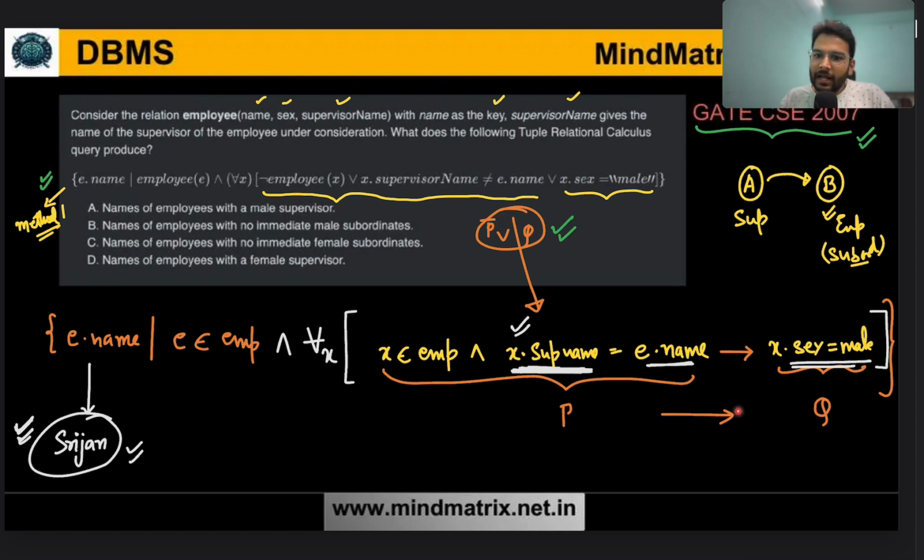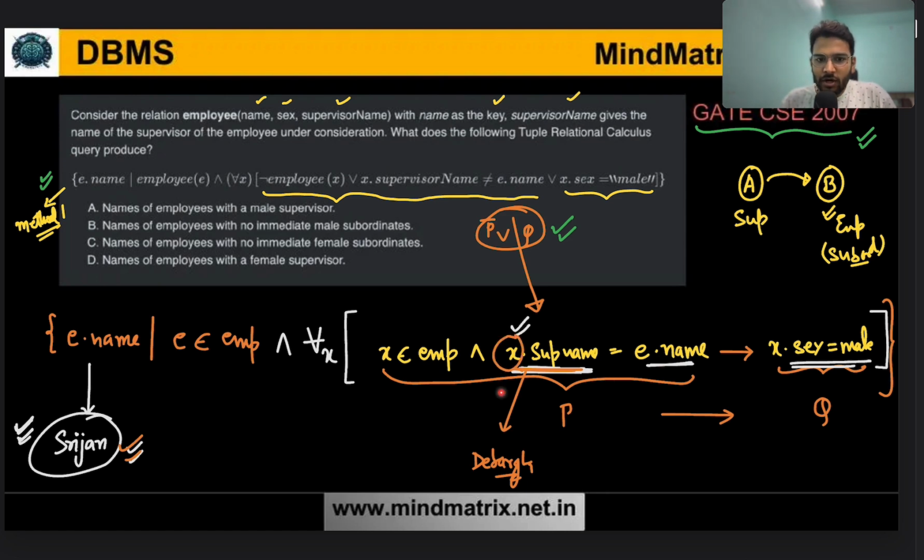Is it clear? Let me make it more easy for you. Let's say X is some person, maybe Debarga. We can have more names as well, but just to make it easy. Srijan is that employee who is supervisor of Debarga, because X dot supervisor name is same as E dot name.